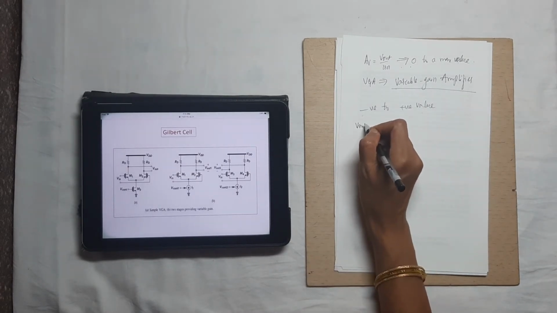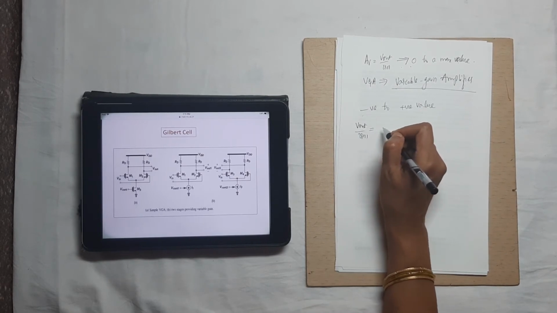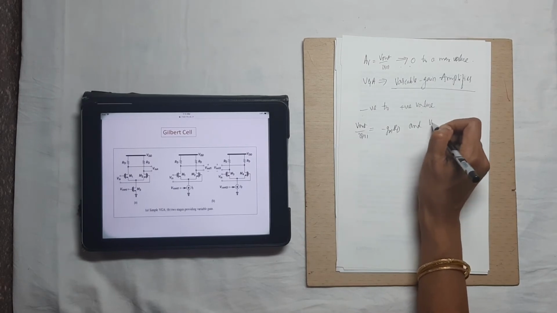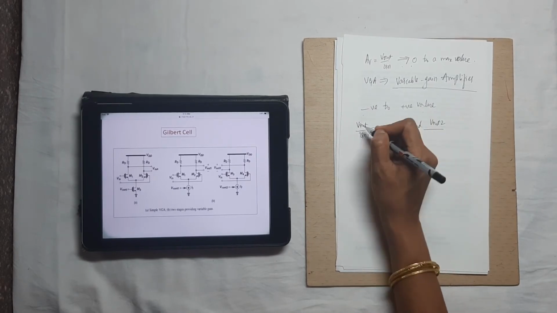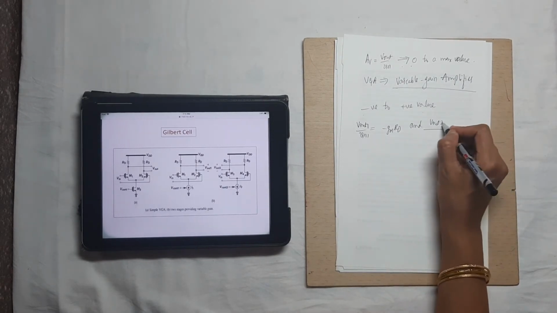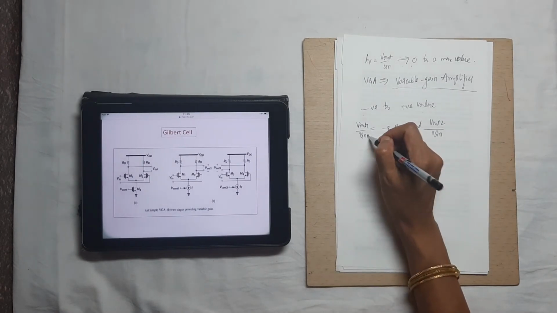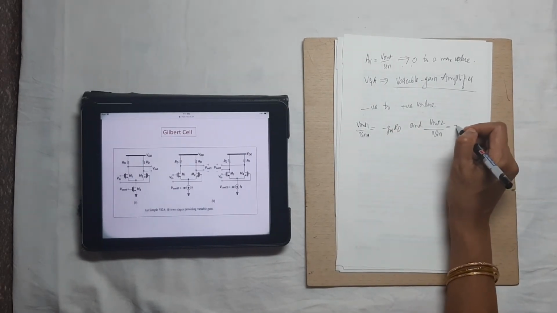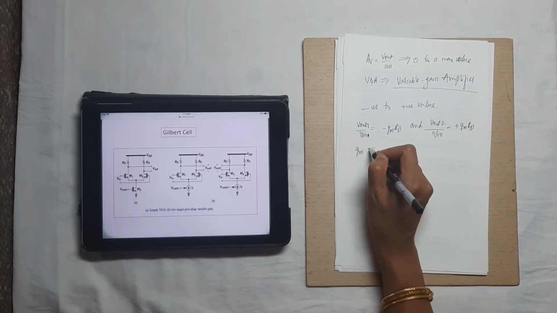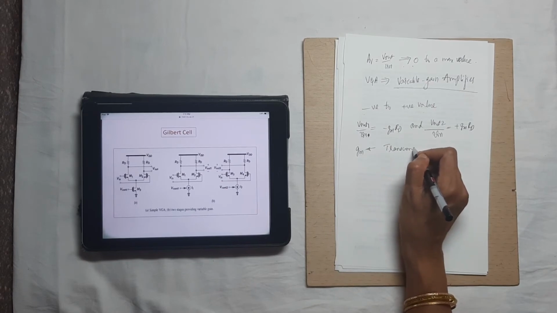How can we define Vout1 by Vin? Vout1 by Vin can be defined as minus gm into RD, where Vout1 is for the first differential amplifier, and Vout2 is for the second differential amplifier. Let Vin be the common input. Vout2 by Vin can be plus gm into RD, where gm indicates the transconductance of each transistor.